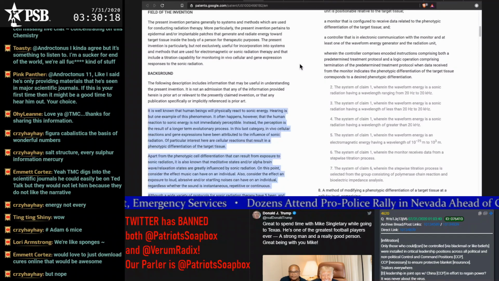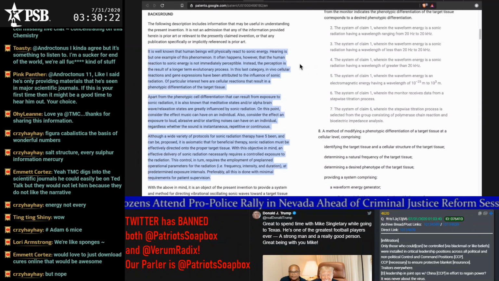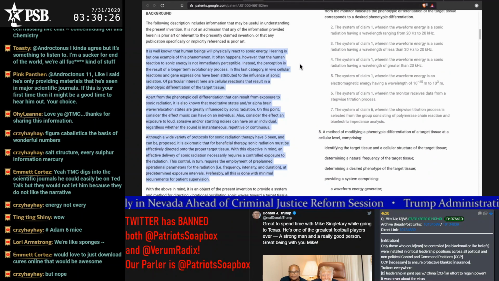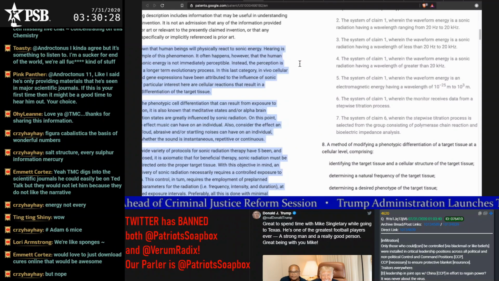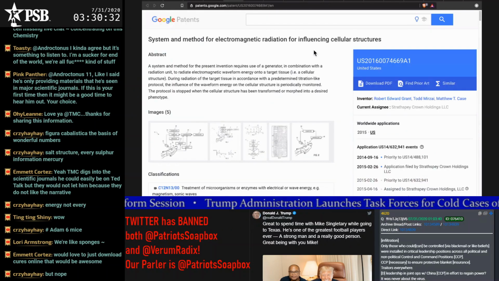Well, let's just read what I've highlighted here because the rest of it really is similar to what we just went over in detail. It is well known that human beings will physically react to sonic energy. Bear in mind that this last patent referenced sonic energy and said that electromagnetic radiation basically does the same thing.